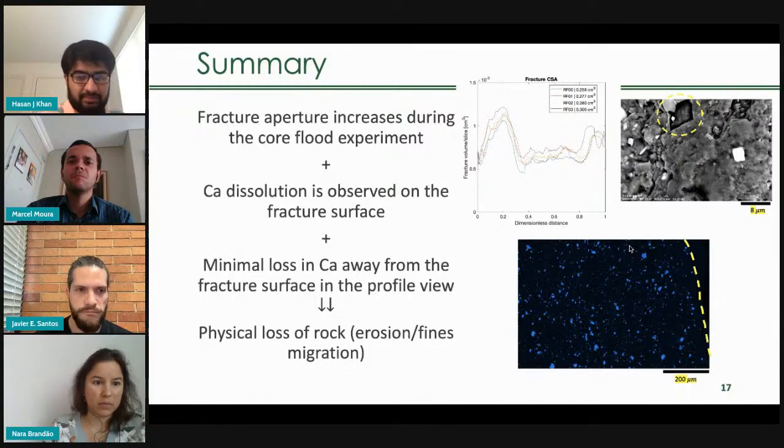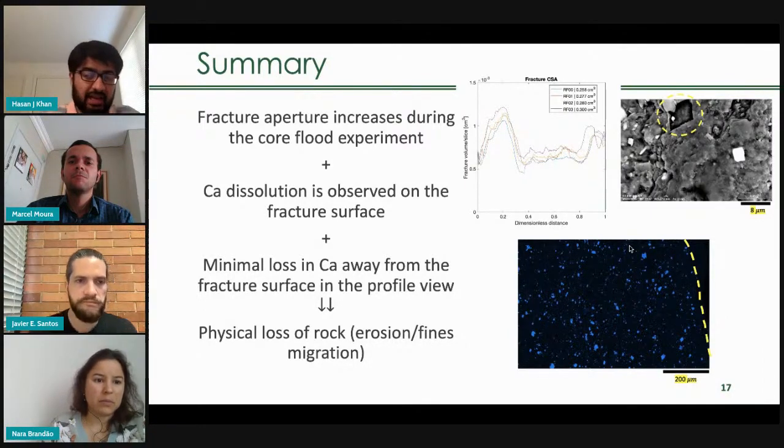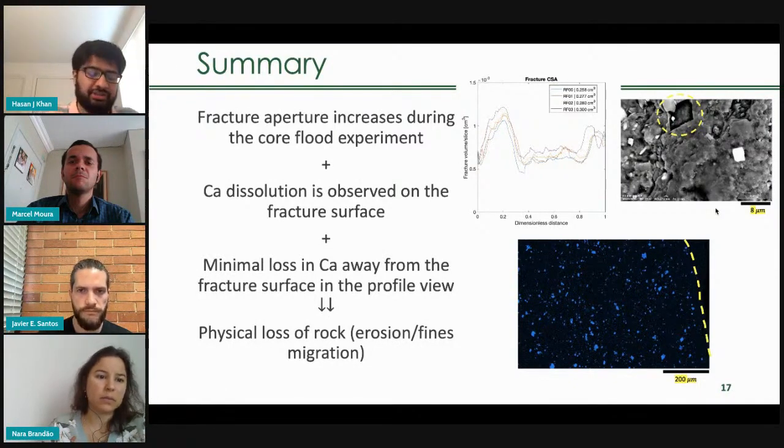So this is something where we need further studies, specifically at reservoir scale, as well as at higher pressures and temperatures. Right now, these studies were conducted at ambient pressures and temperatures.